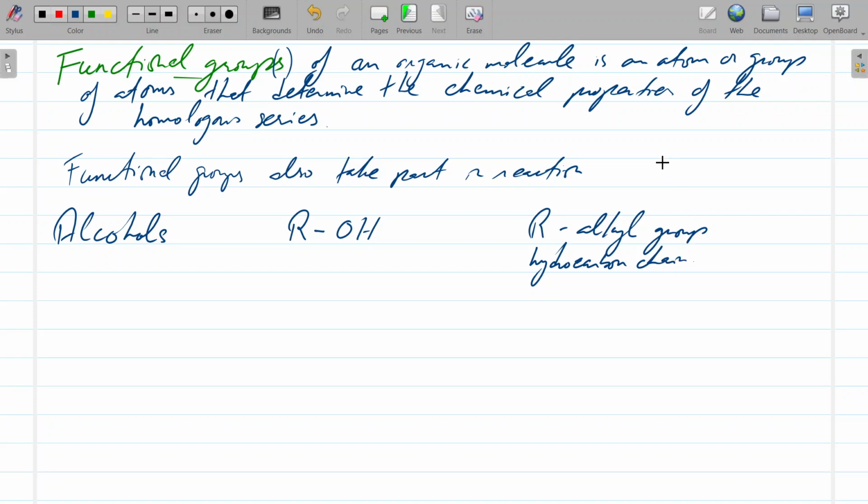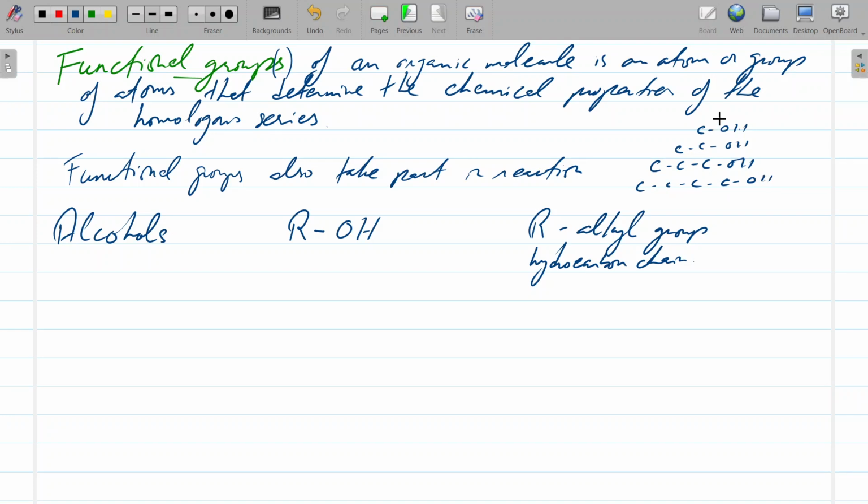So for example, if you've got propanol, you've got 3 carbons with an OH at the end. Whether it's 3 carbons, or 2 carbons with an OH, or even just one, you can have methanol, ethanol, propanol, and butanol. So you've got 4 carbons with it.